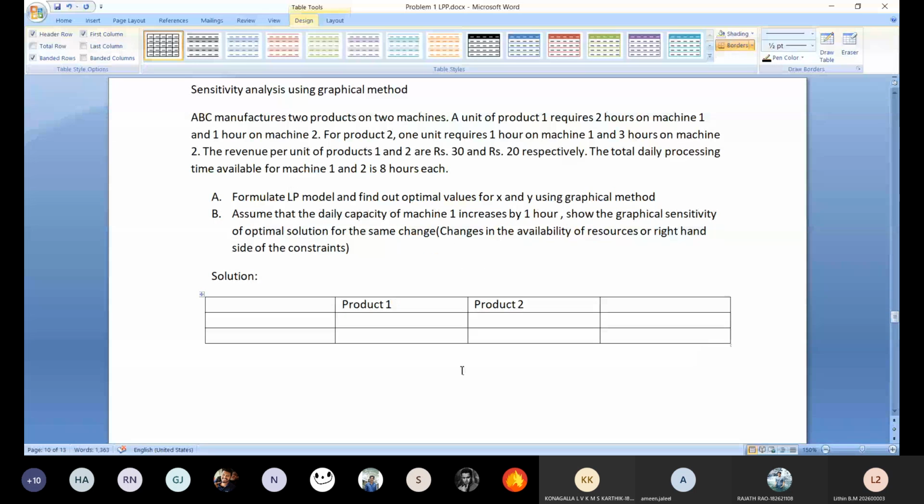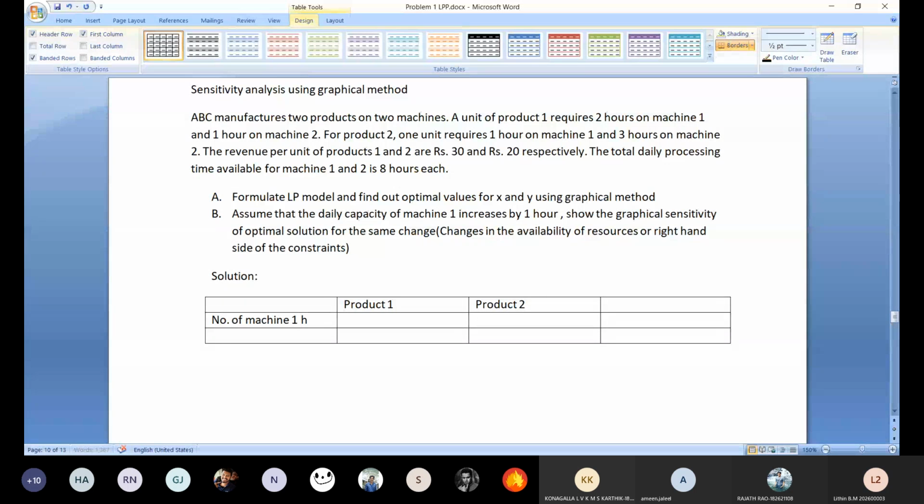A unit of product 1 requires 2 hours on machine 1 and 1 hour on machine 2. So how many machines do we have? We have two machines. So number of machine 1 hours required.